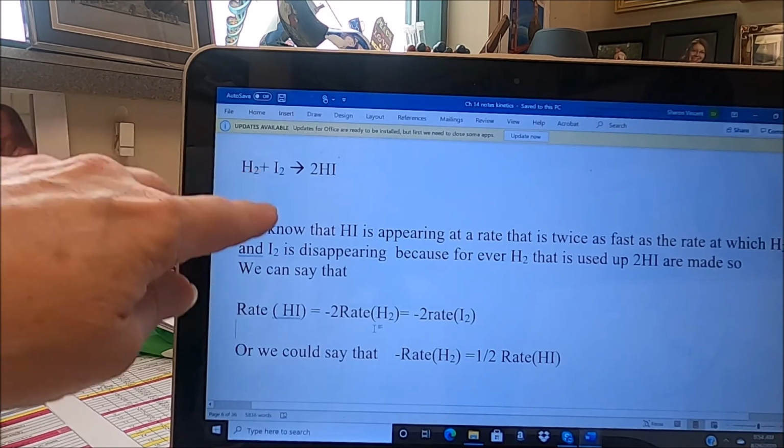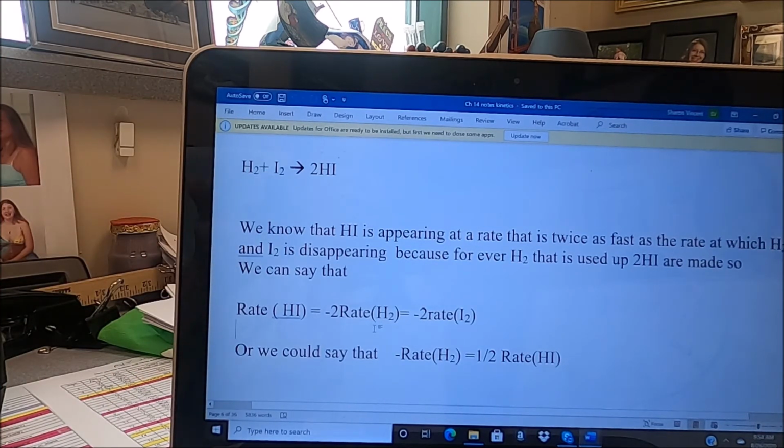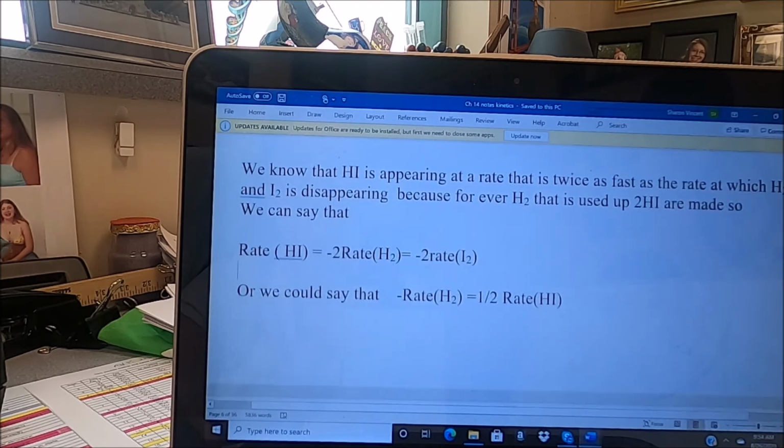And that's because, remember, the change of hydrogen concentration with time and iodine with time is negative. The rate at which hydrogen iodide is appearing is positive. Or we could say that the negative of the rate of hydrogen change with time is equal to 1/2 the rate of hydrogen iodide. Hint, that's going to be important to us. Okay?